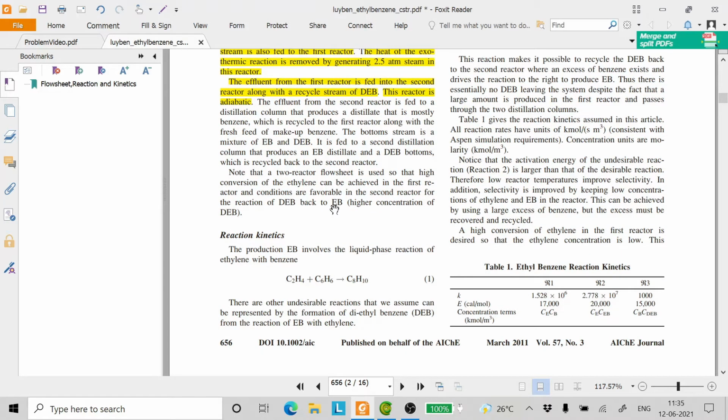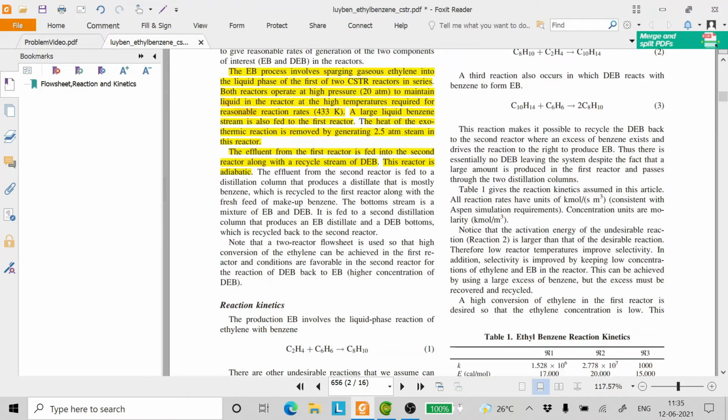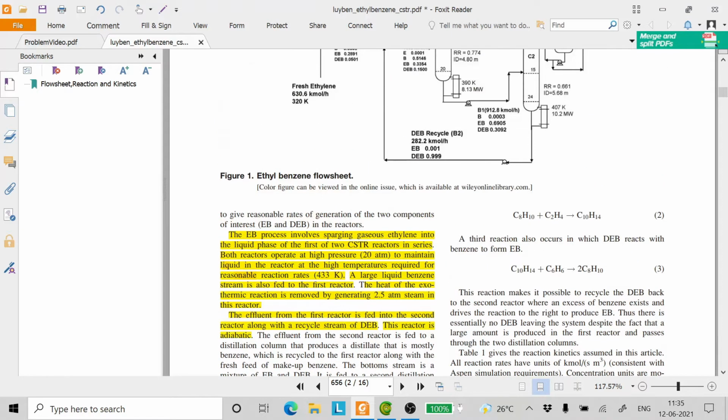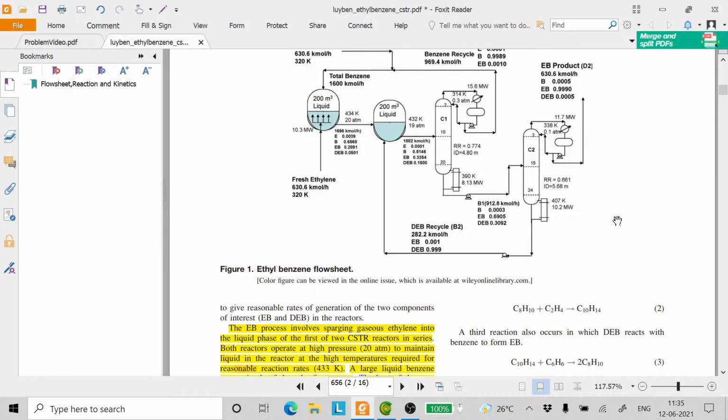The reaction occurring in the first reactor is ethylene reacting with benzene to give you ethyl benzene. Also in this reactor, there is a second reaction where ethyl benzene reacts with ethylene to give you diethyl benzene. So two reactions occur in this reactor.